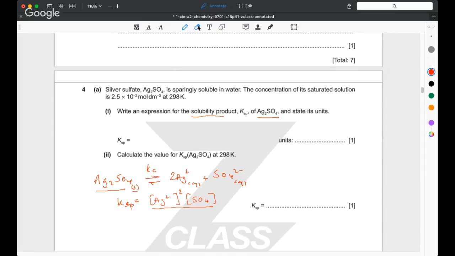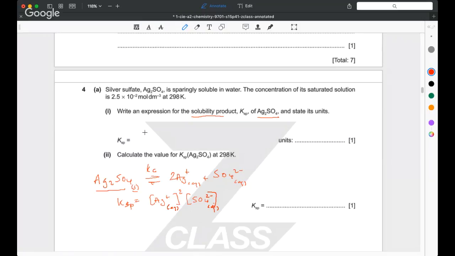So this expression here is the correct expression for the solubility product. And strictly speaking, you should put in the state symbols in there to show that you're talking about ions in solution, because we've incorporated the solid into the solubility product as the constant over there.